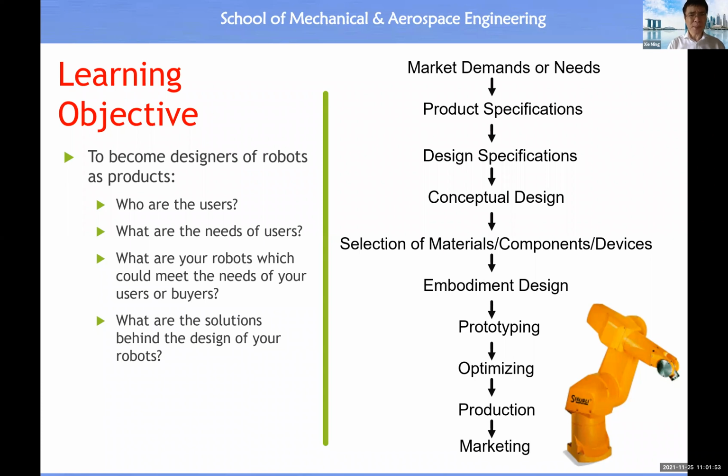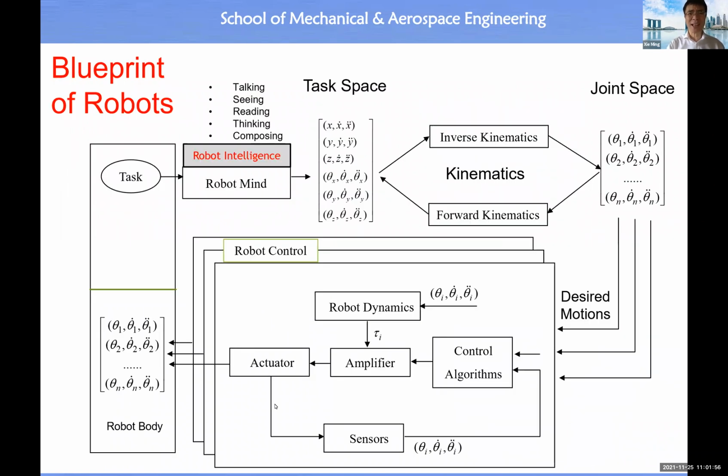Then for the generic answer to question number 3, this slide shows you the guideline. Inside the blueprint of your robot, you should be able to see the presence of module 1, module 2, module 4, and also module 3, which is about robot modeling in terms of kinematics and dynamics.